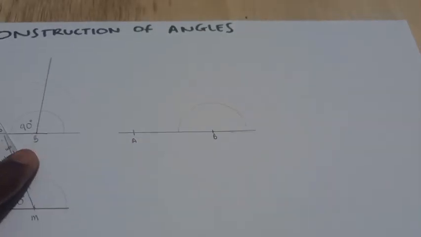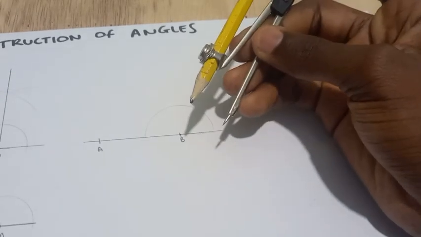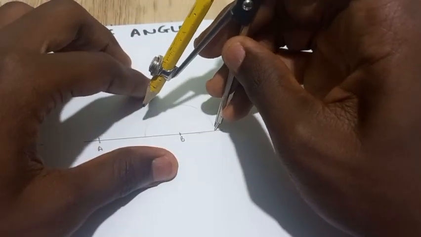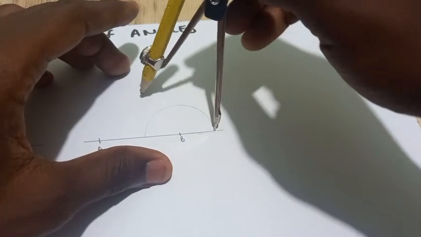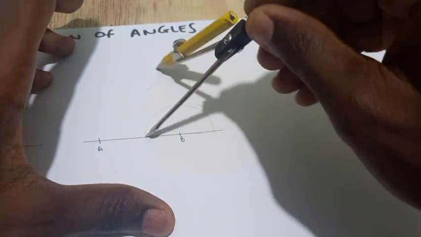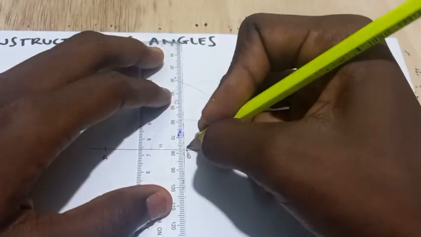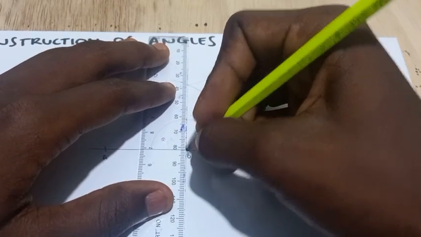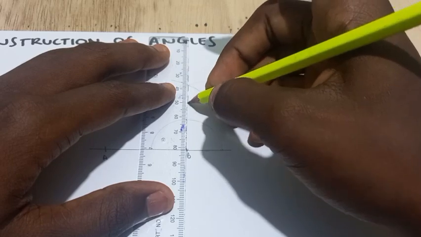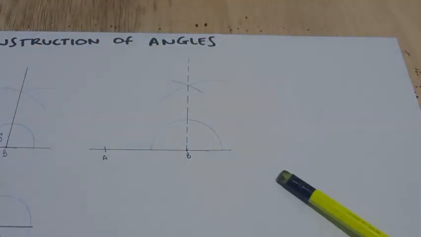So how can you get the angle 45? That's 90 divided by 2. So we pick another convenient radius. Stand on this point where they both intersect. We draw a straight line, but this will be short dashes because it's not the angle 90 we are interested in. It's angle 45.